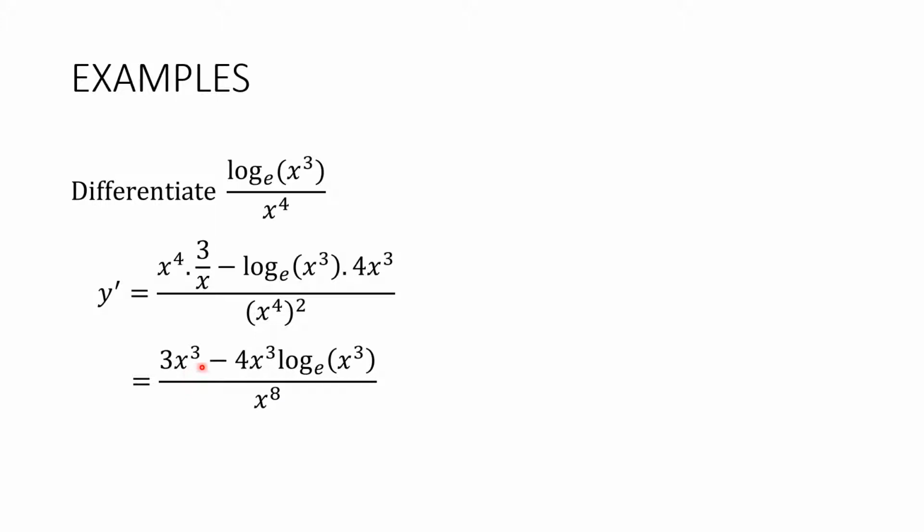Actually, that's going to be able to be cancelled here, so I will cancel that out. I could have factorised that. You could do that if you wanted to, but I've just taken x cubed out of here and cancelled it with that and that. I probably would do it like this if I was doing it in a test. Okay, and that would be sufficient. There's our answer.